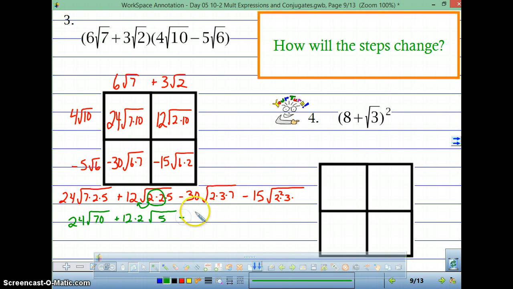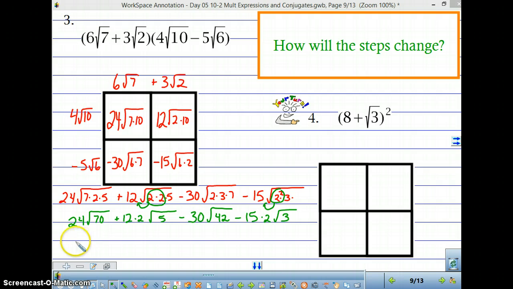Here, we've got negative 30. Can this factor? No. We've got 6 times 7, which is 42. There's no perfect squares here. Minus 15. There is a perfect square here. This one comes out. Take the square root of it out. 15 times 2. Root 3 left over.